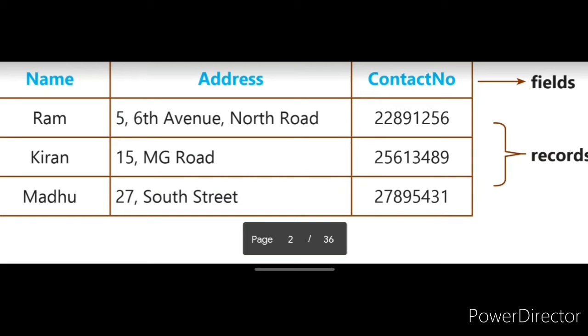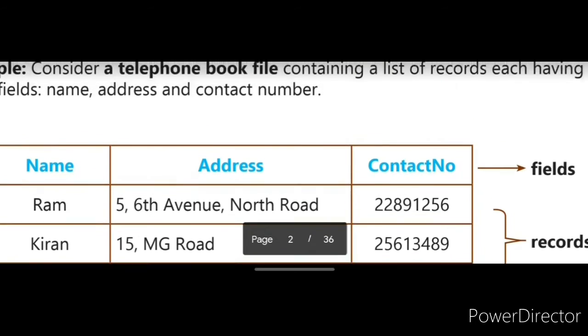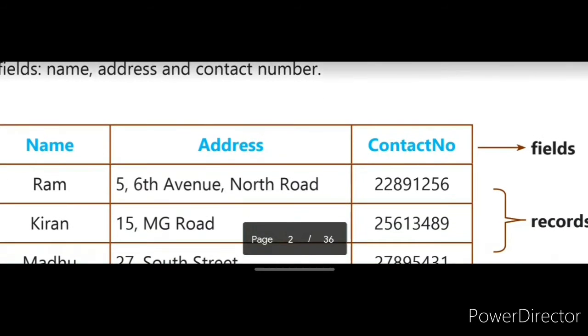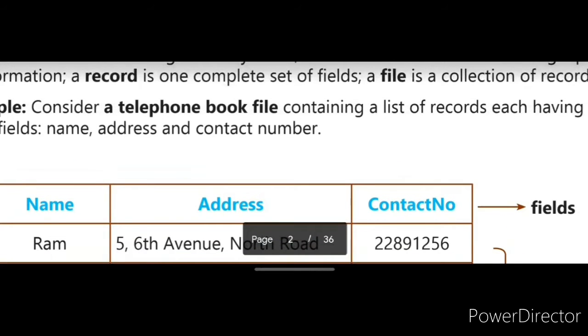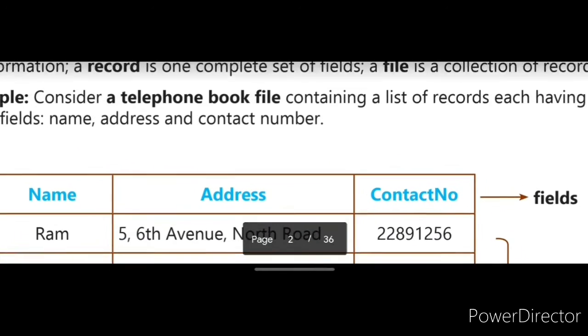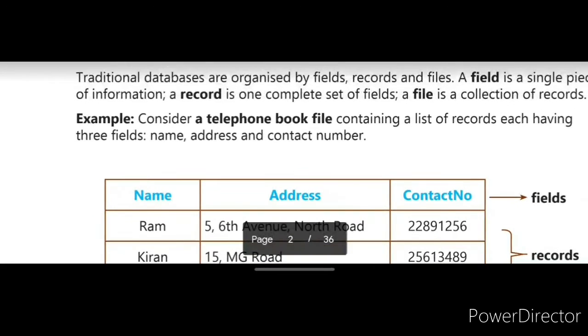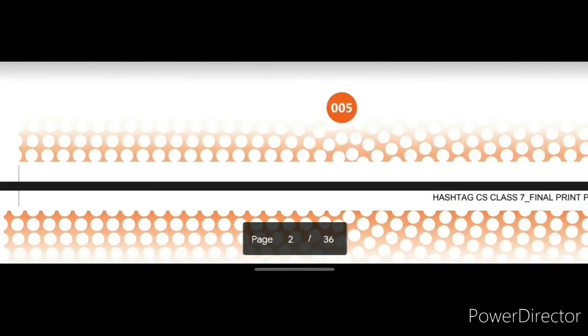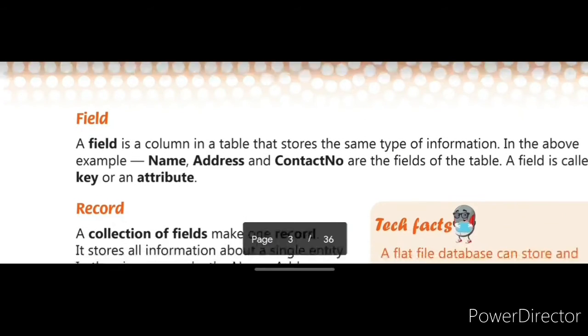Okay, so these are the records of the fields. Next, file. What is file? It is a collection of records. The records are collected and make one file. Okay, so consider a telephone book file containing a list of records, each having 3 fields: name, address and contact number. Do you understand, children?